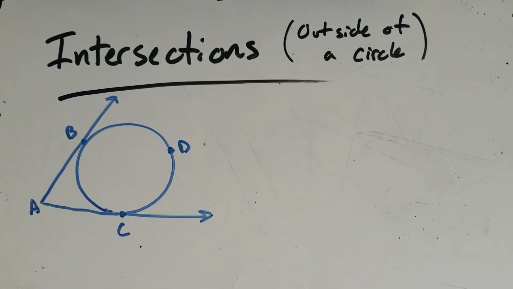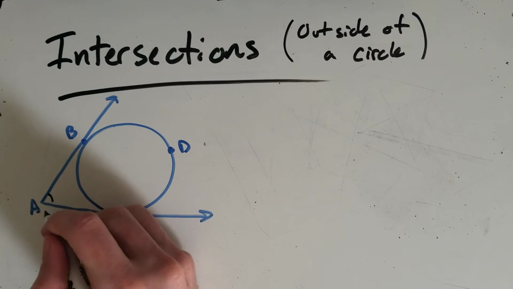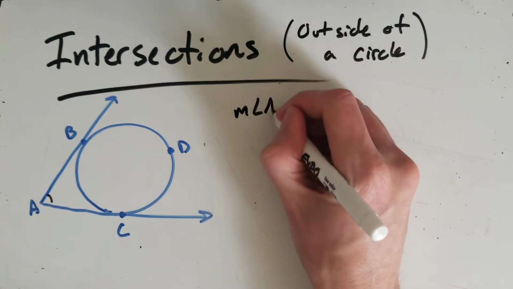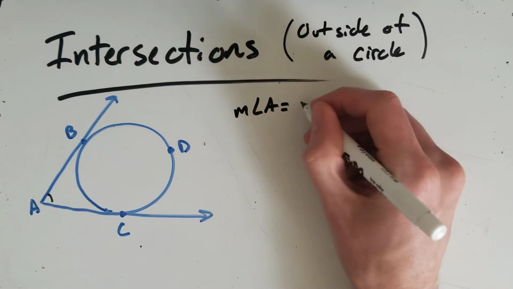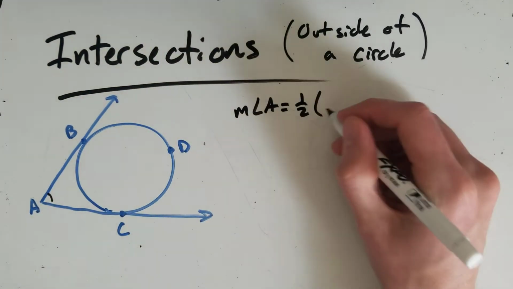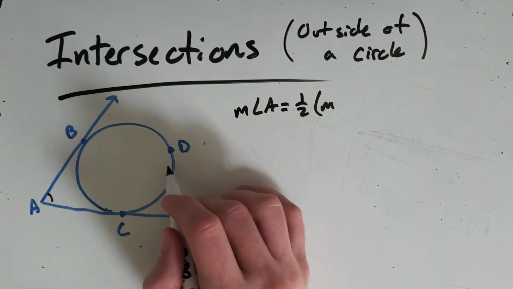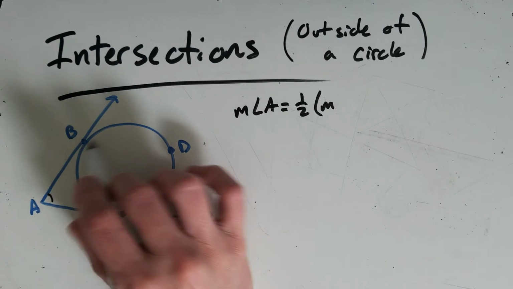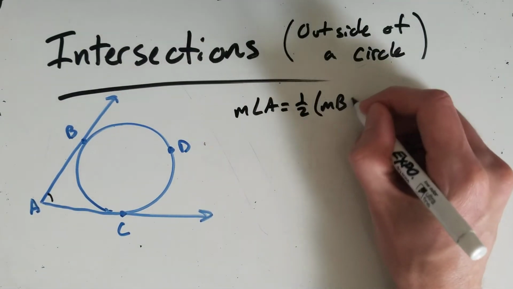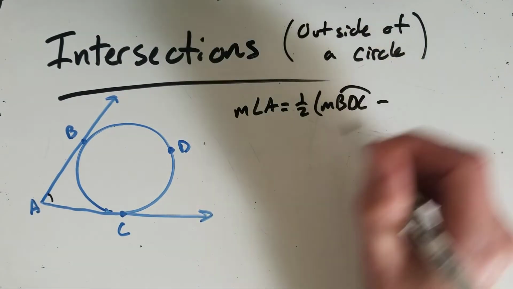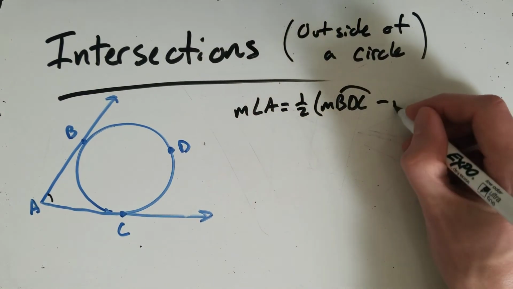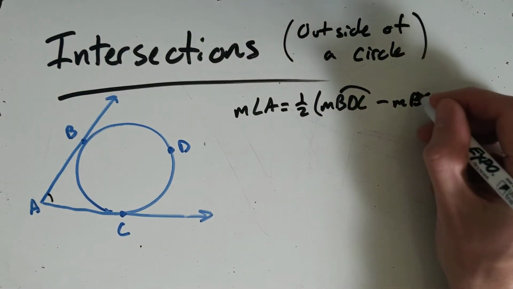And what this is saying, if we take angle A, the measure of angle A is going to be 1/2 the difference of the measure of arc, and now we want it to be the major arc, BDC, minus the minor arc there, minus arc BC.